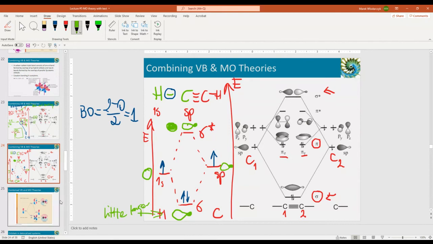For example, if you had two sp orbitals interacting with each other, and you want to show the sigma formation, the orbitals that you draw on the sp orbitals have to be oriented properly, and they have to have the right sign facing the right direction. So you cannot draw this, for example.